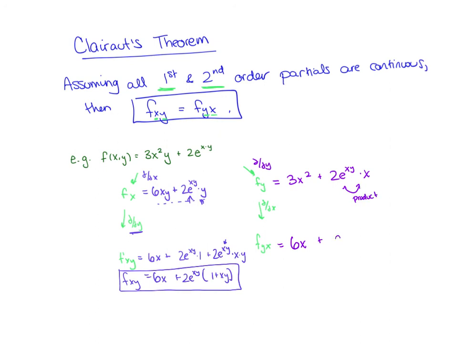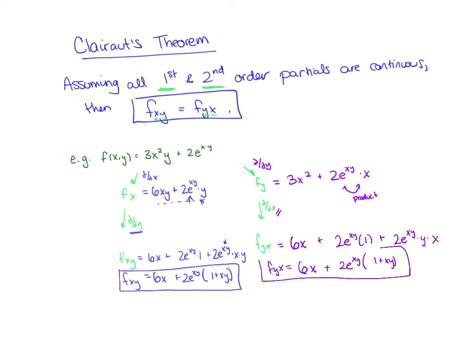So I take the first times the derivative of the second, plus the derivative of that first, taking the derivative with respect to x here. So the derivative of xy with respect to x is just y, and then I have that x left over. So again, I get 6x plus 2e to the xy times 1 plus xy. So we verified Clairaut's theorem in this specific case. We've shown that these are equal, which is what we wanted to do.